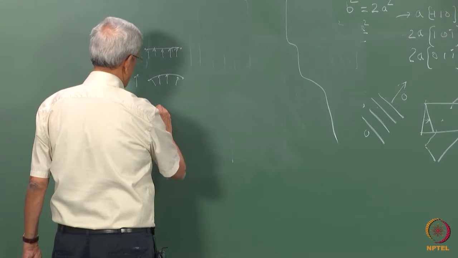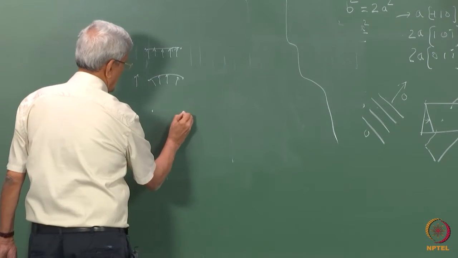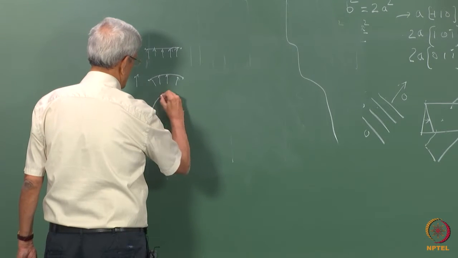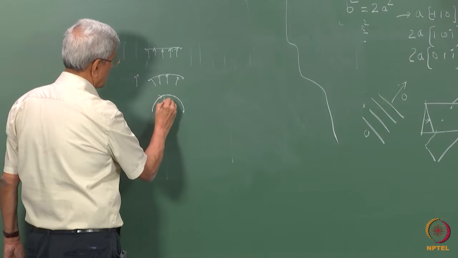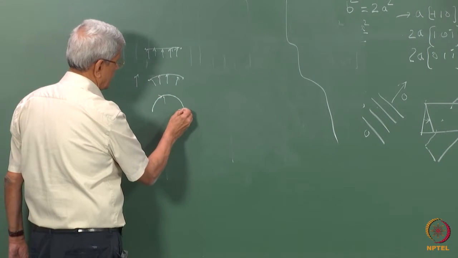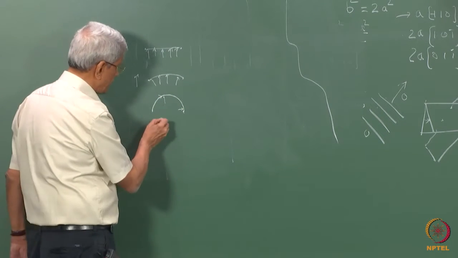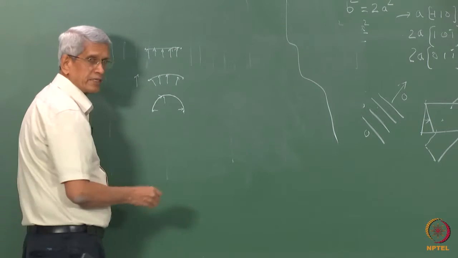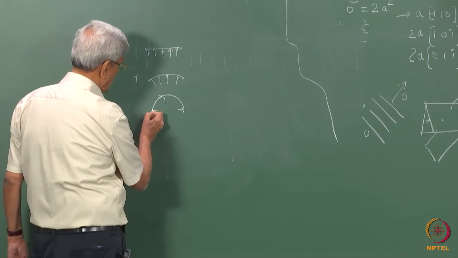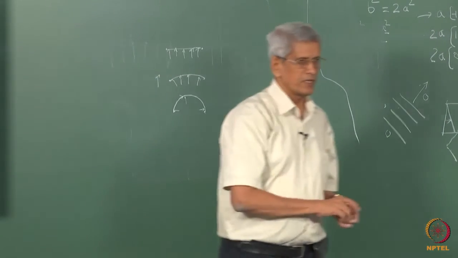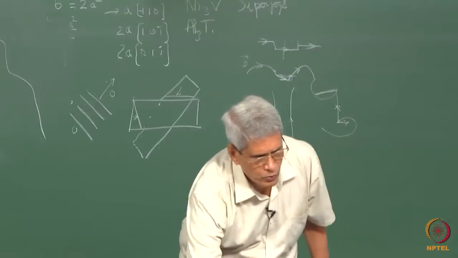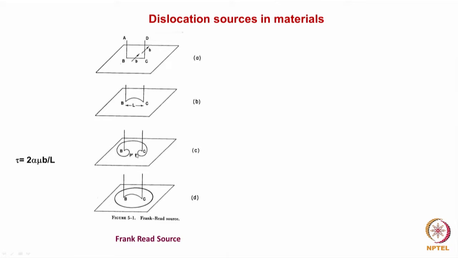As the dislocation line bends and reaches a critical value, a semicircle, now the force is going to act here like this. In this one it will be in this direction, here it will be in this direction. So, it will make the dislocation expand, because this is the pinning center, it will try to expand. This expansion will give rise to this particular type of shape which is shown in C in the figure.